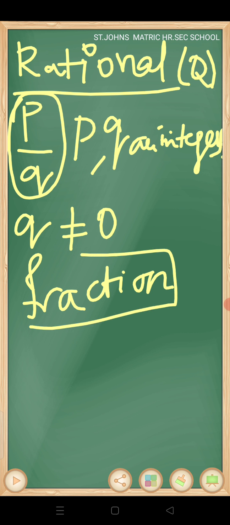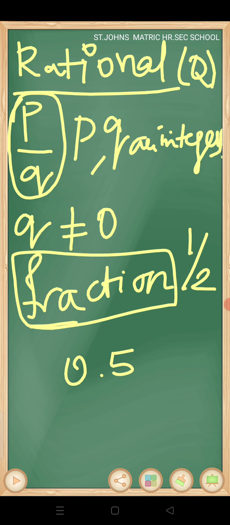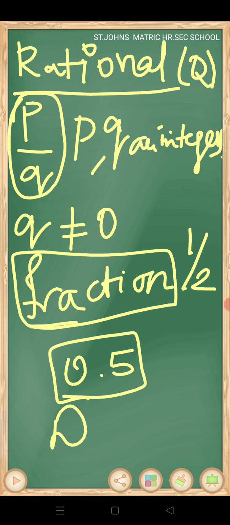If we divide 1 by 2, we get the answer 0.5. So 0.5 is a decimal. Before rational numbers, we have to know about decimals and fractions.